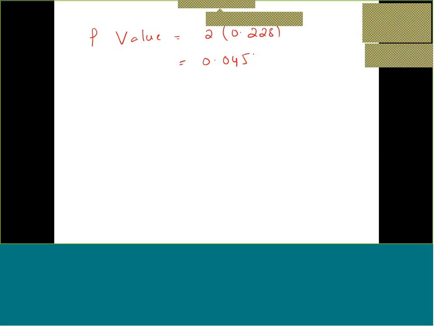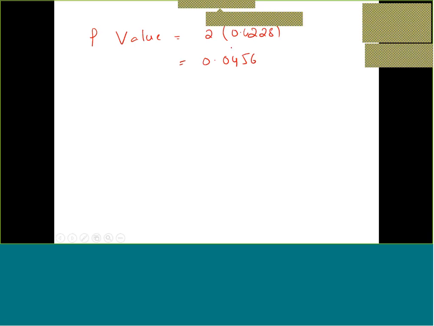So p-value seems to be twice of 0.0228. So twice of 0.0228 is 0.0456. Correct.